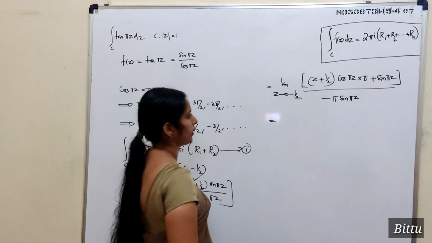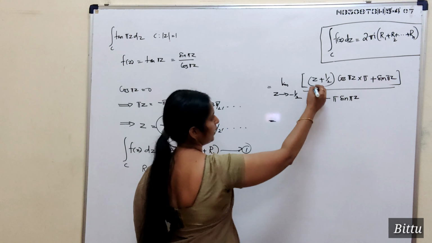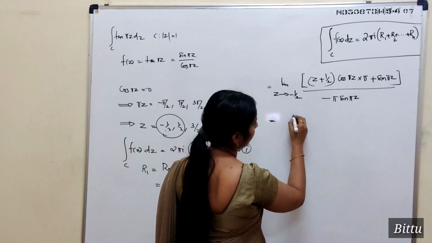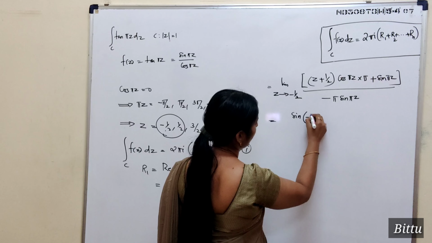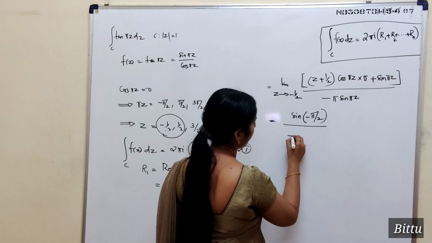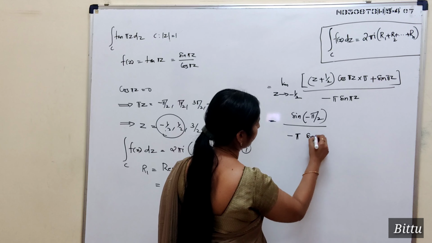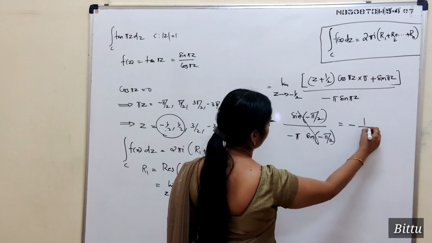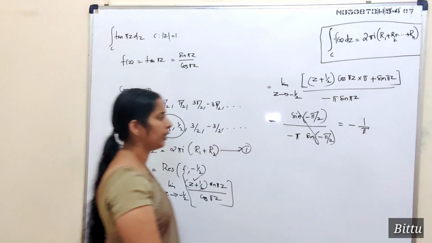You put z equal to minus half. This term is 0. Then the next term is sin minus pi by 2 by minus pi into sin minus pi by 2. So, this will cancel and the residue is minus 1 by pi.